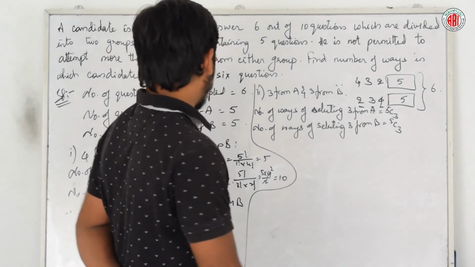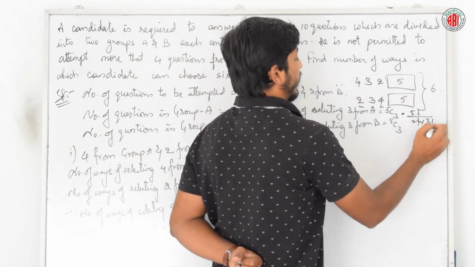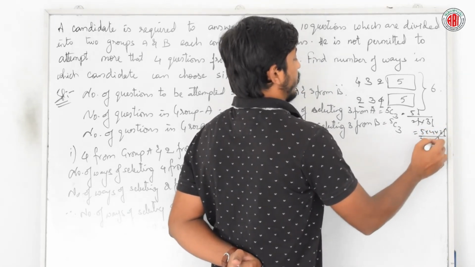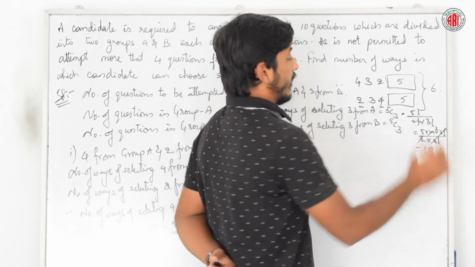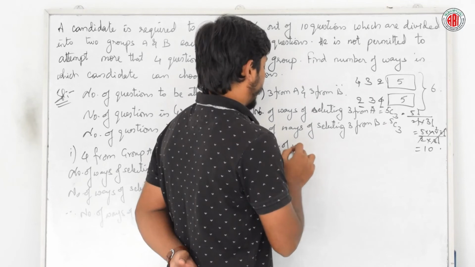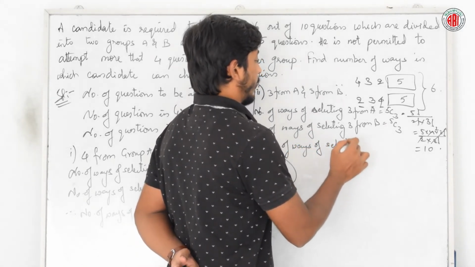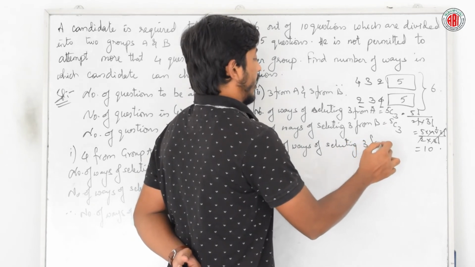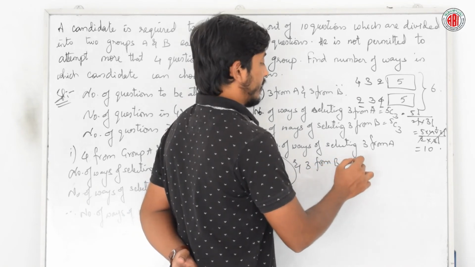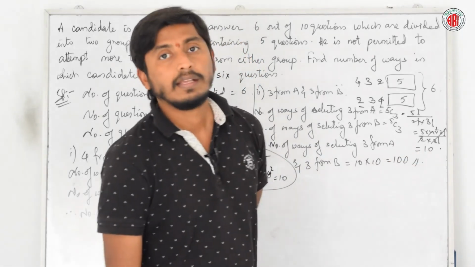What is 5C3? 5C3 is nothing but 5 factorial by 2 factorial into 3 factorial, that is 5 4 3 factorial by 2 into 3 factorial. Both will get cancelled, 2 ones are 2, 2 twos are 4, which is 10. Both are 10. So therefore the number of ways of selecting 3 from A and 3 from B is 10 into 10, which is 100 ways, right?